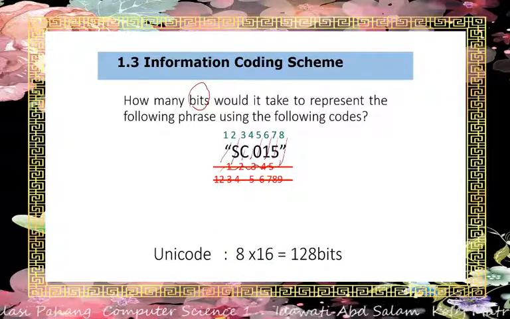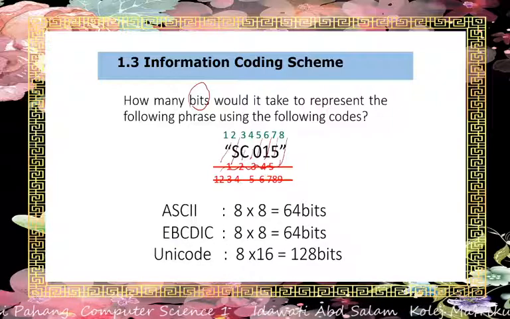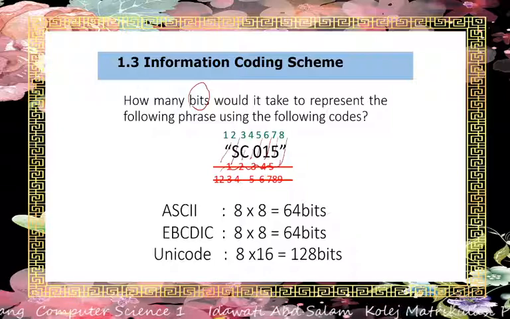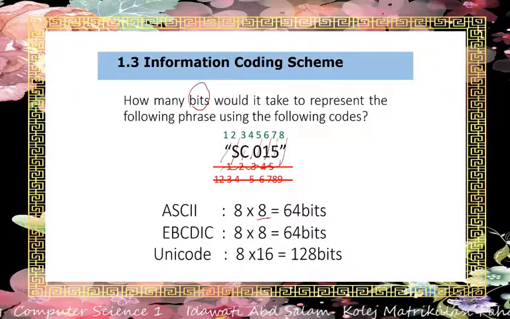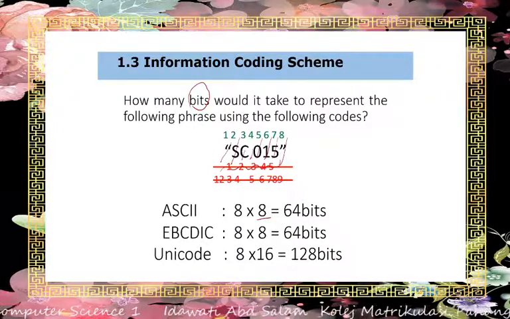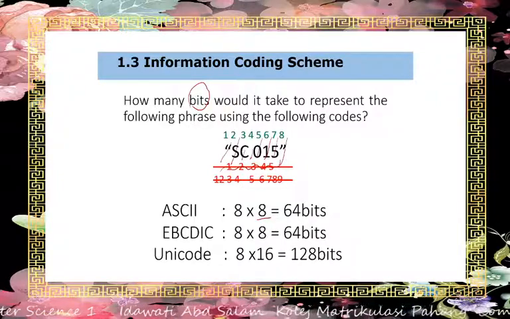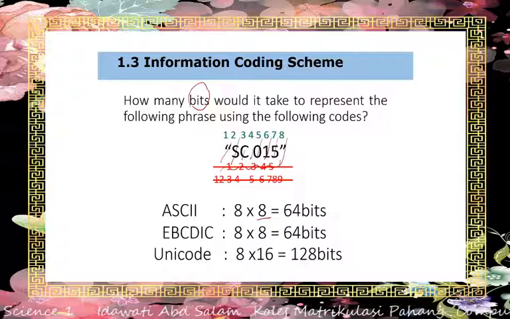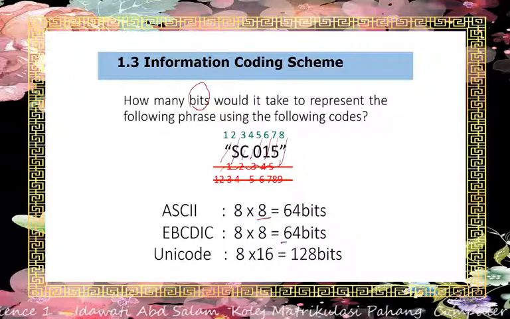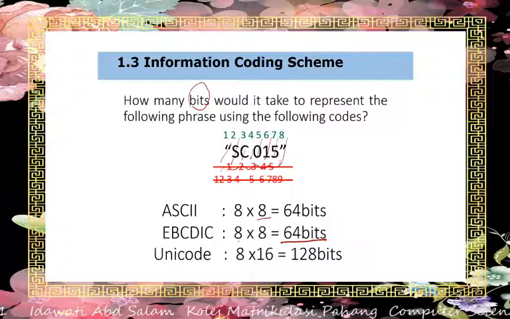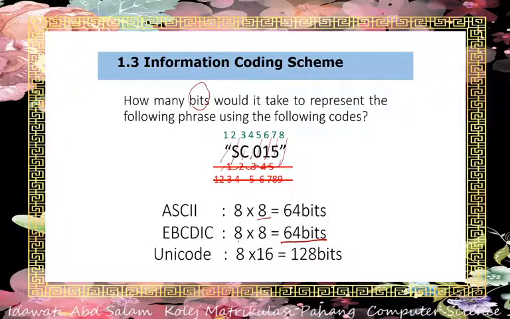Look, in ASCII, as we have 8 characters, we will multiply it with 8 bits. So we will have 64 bits. In EBCDIC, we have the same bits as ASCII, which is 8 characters multiplied by 8.